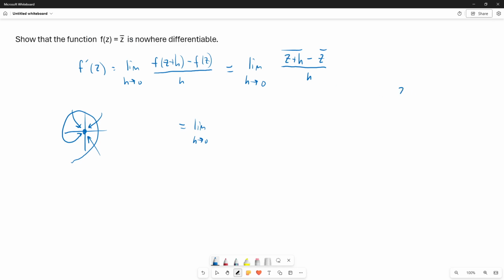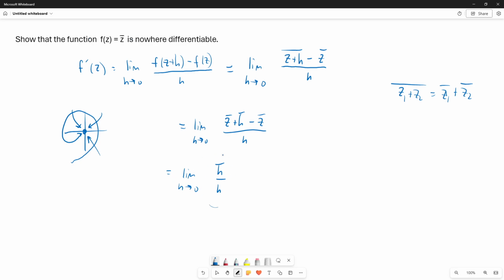The conjugate of a sum is the sum of the conjugates, and we'll use that right away. So z bar plus h bar minus z bar, okay, those will cancel, and we just get simply the limit as h goes to 0 of h bar divided by h.